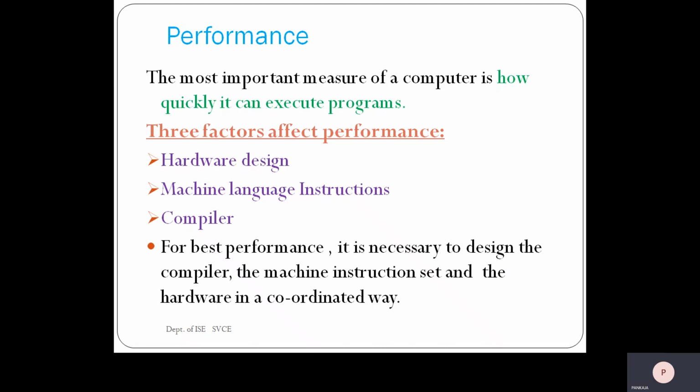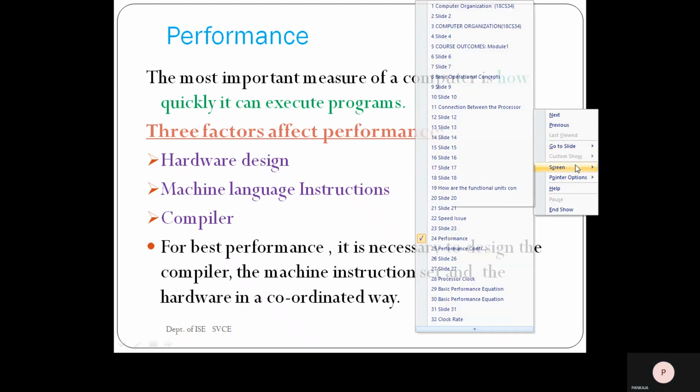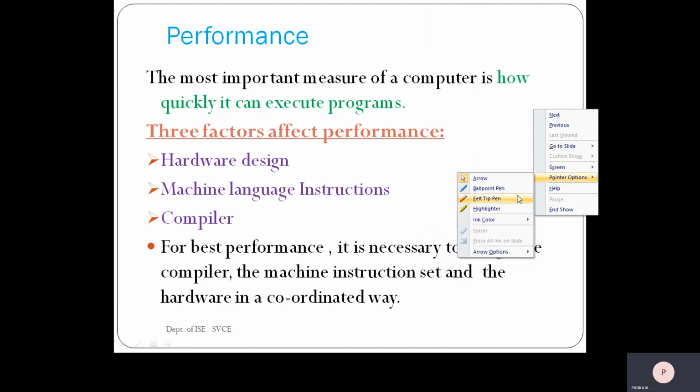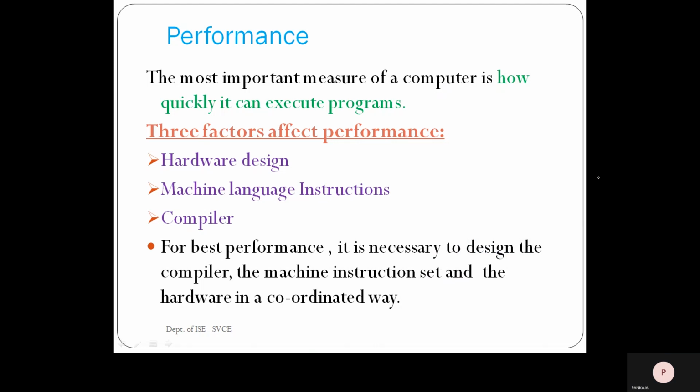For best performance, it is necessary to design the compiler, the machine instruction set, and hardware in a coordinated way. That means all these three. It is not the case that just using the best compiler, we can say it provides the best performance.